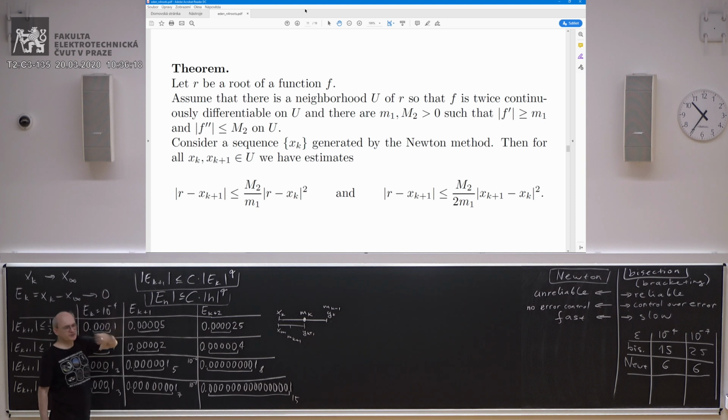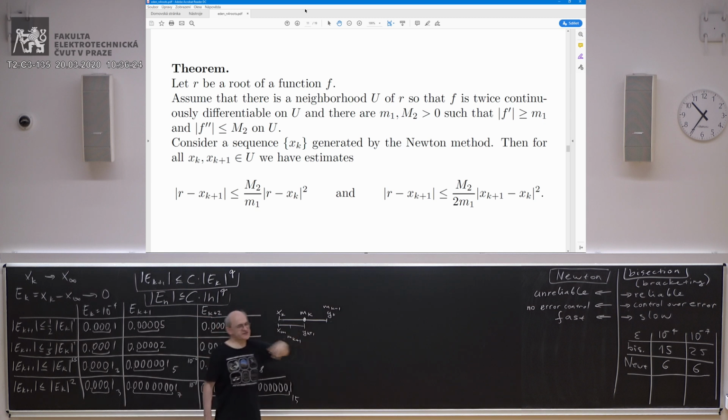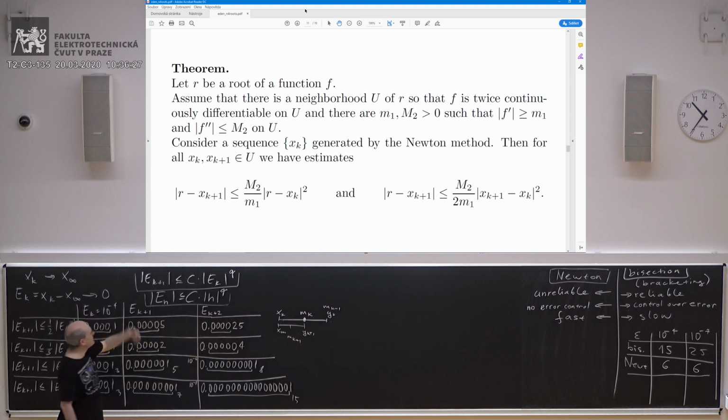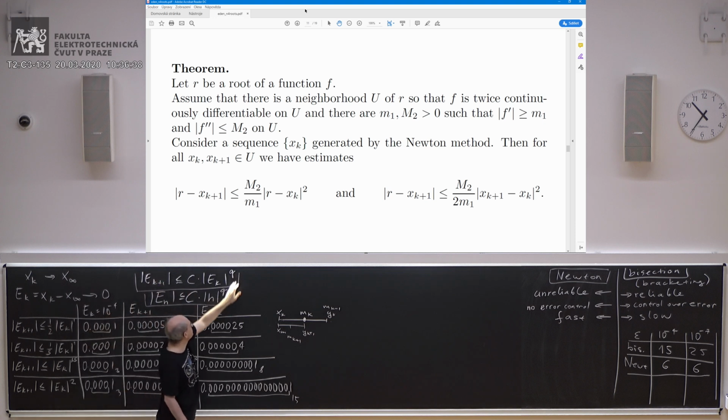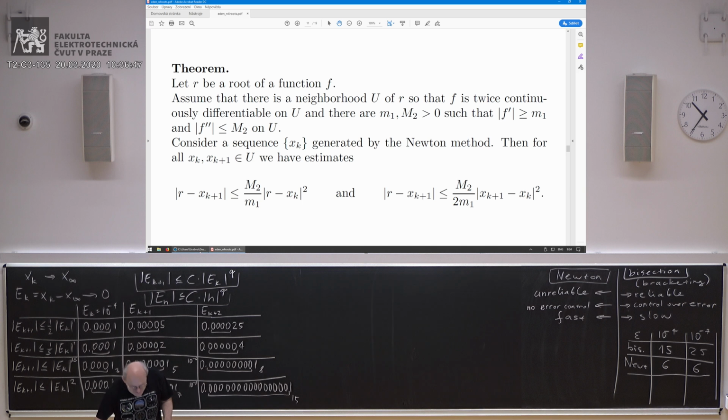We are not constructing one object, or we do, but we do it repeatedly. So we construct the same object again and again, approximation of a root or something. And we do it repeatedly, and there is no step, because we are not using any steps in constructing this sequence. So these are two totally different situations, but we end up comparing with a power, so that's the common part for the order. So there are two different settings for the order, and it's good not to mix them up.